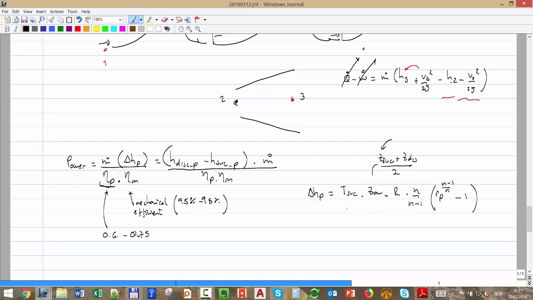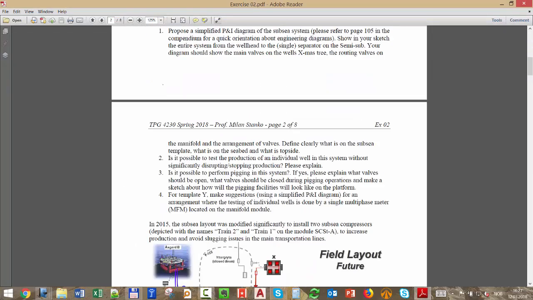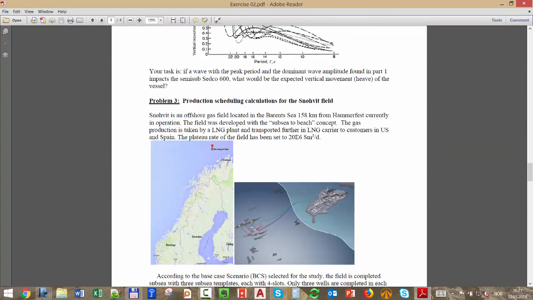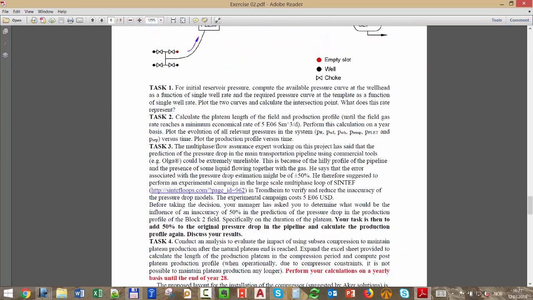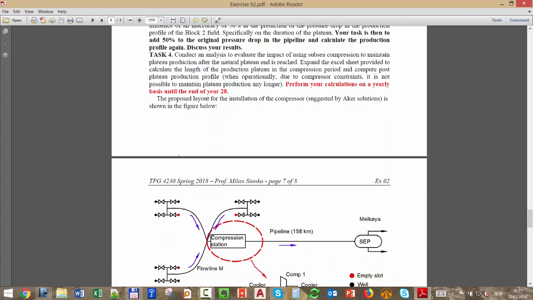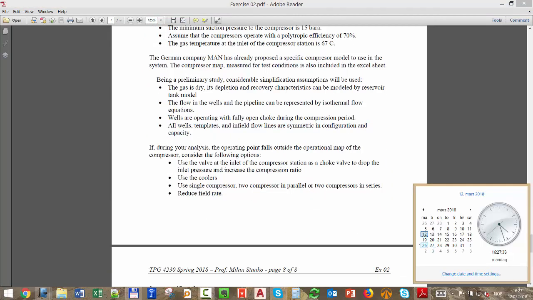Okay, by the way, problem 3 is already published, so the exercise set is ready. The first two, I already showed, but the third one is tasks 1, 2, and 3. You can solve them with what we have done so far, and task 4 is basically the explanation today and a bit of tomorrow. So I suggest we put the delivery date, you don't want to be working in Easter, I guess, no?